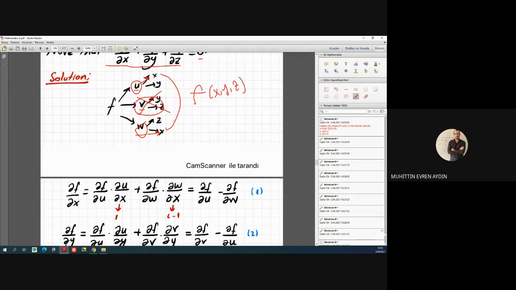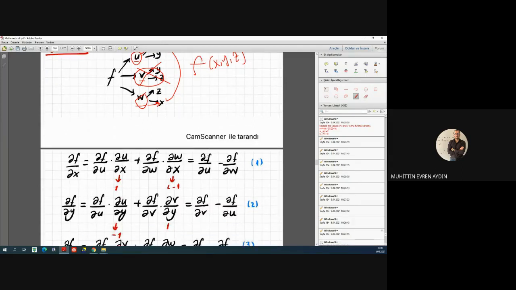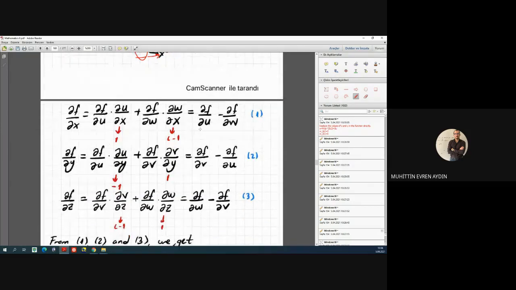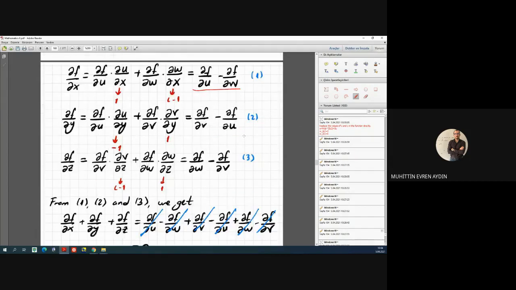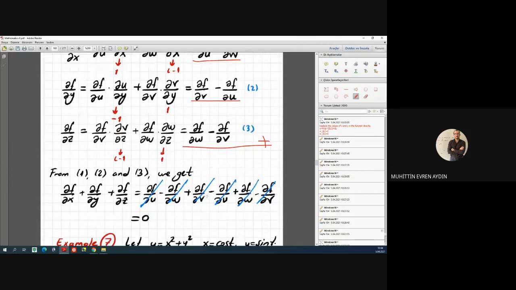You may omit it because the derivative of v with respect to x is 0. Okay, after taking derivatives, you may find this and symmetrically this one. As you can see, if you sum the three equalities, you may easily conclude the sum is 0.